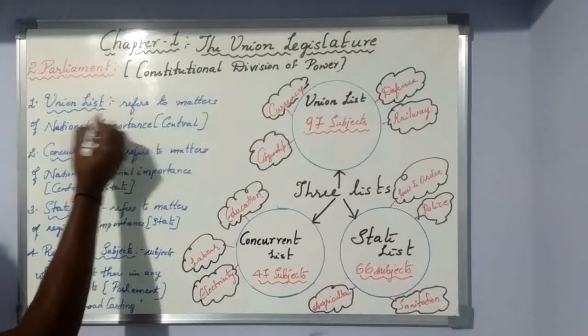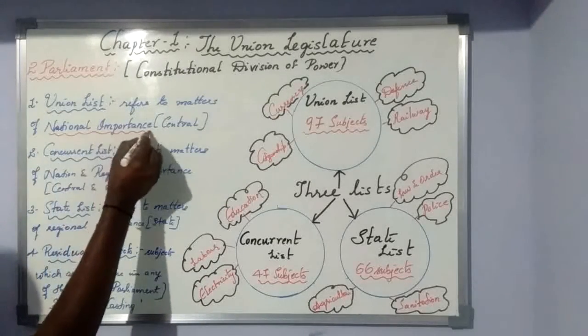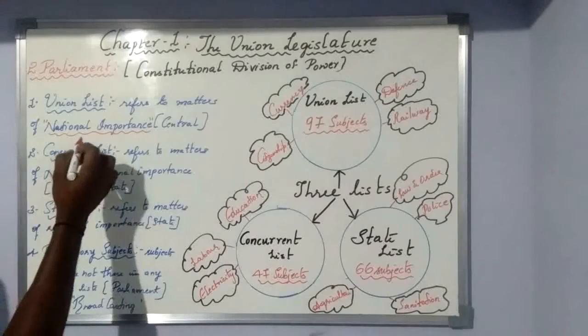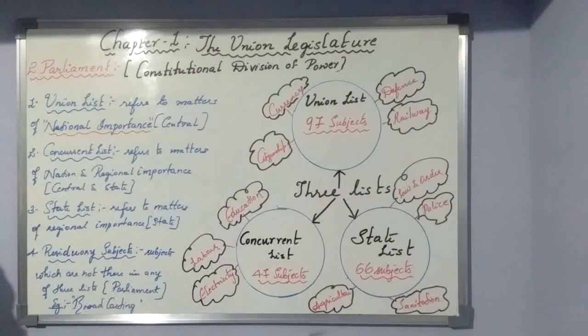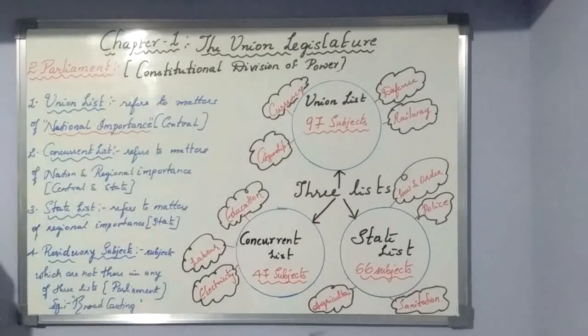So what is the union list? The union list refers to matters of national importance. In the union list, nationally important matters come. Such a list we call the union list, where the law will be made only by the central government.